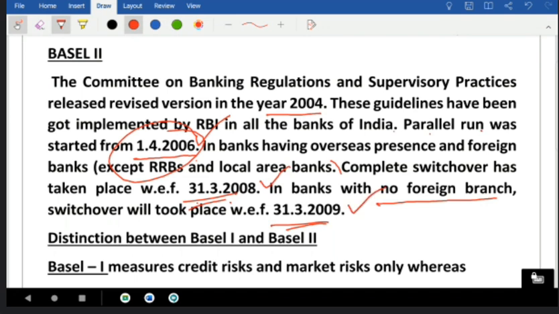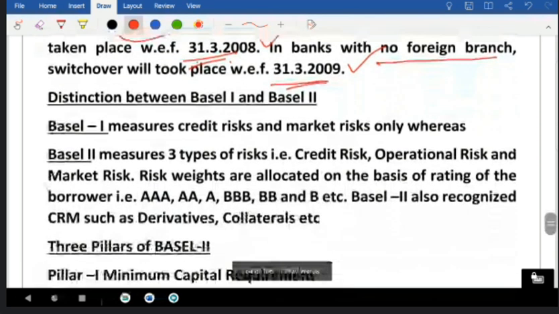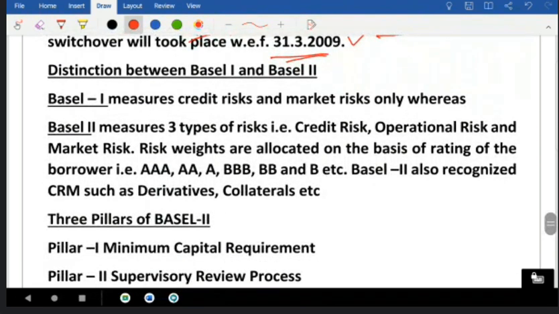So we'll see what was the difference between Basel 1 and Basel 2. Basel 1 measures credit risk and market risk. I told you that Basel 1 focused only on credit risk and market risk, whereas Basel 2 covers all three types of risk: credit, operational and market, CMO.